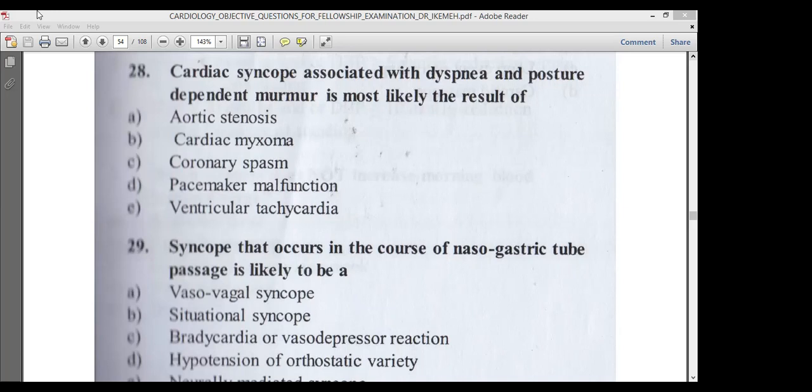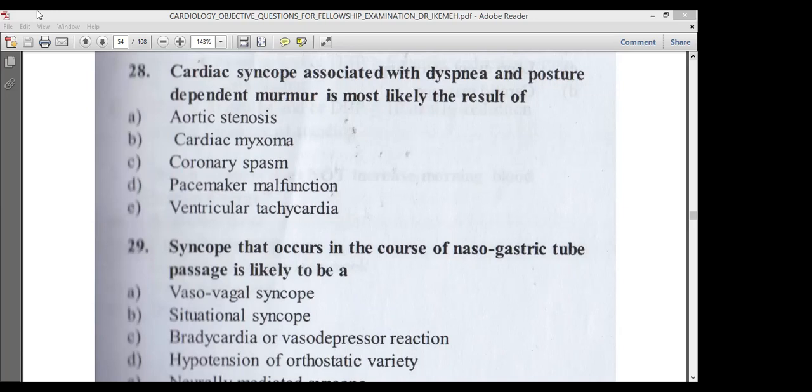This is one of the key things that differentiates a myxoma, especially a left atrial myxoma, from mitral stenosis. They can all give the same thing, but only a myxoma will give you a murmur that changes in intensity with alteration in position.